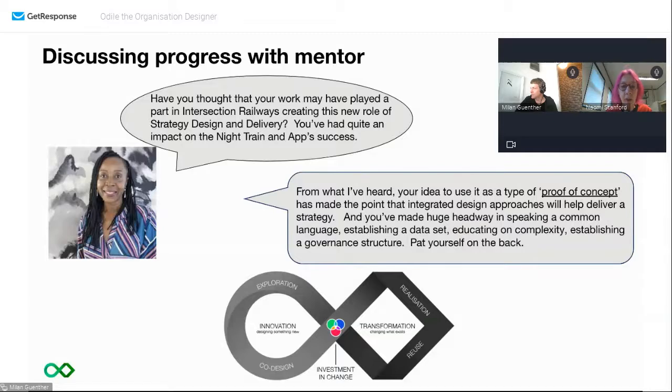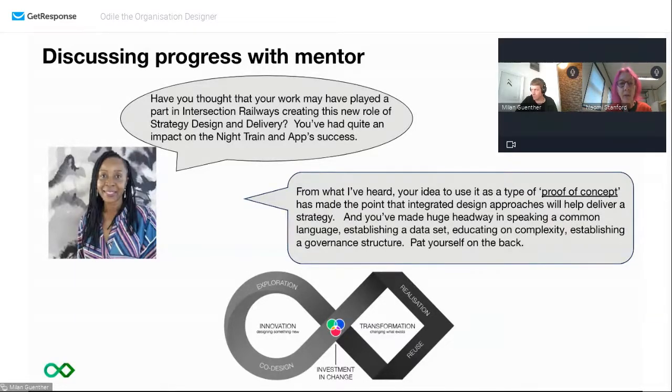And in her work, she's done a tremendous amount in a year, working first in the first 3 months on what's going on. In the second 3 months, I can see how we could apply this into a segment of the organization. In the third 6 months, actually applying it into the Sleeper Train app. And you can learn more about the Sleeper Train app in the other 2 webinars.